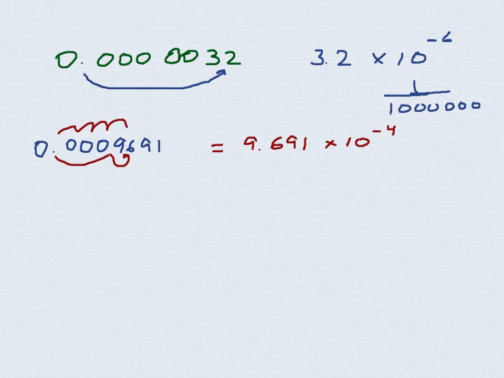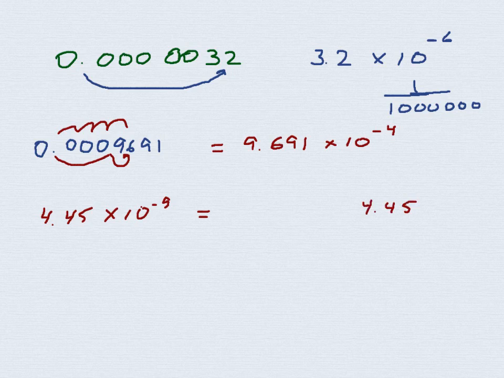You should also be prepared to go backwards. If you're given a number like, say, 4.45 times 10 to the negative 9, you're going to say, wow, that's a small number. I've got to change that back into standard notation. So here's what you do. Write your number down a little farther to the right-hand side. 4.45, that's your original number.